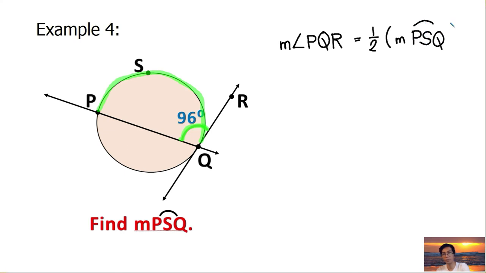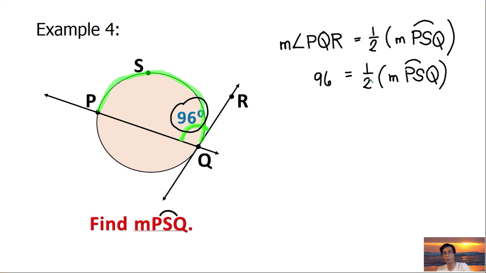So, dito, binigay na yung angle. 96 yung sukat ng angle. Ang nawawala, arc. So, dito ako magsasubstitute. Tama? So, ito magiging 96 is equal to 1/2 times the measure of arc PSQ. Di ba PSQ ang nawawala? May 1/2 ka. So, gaya nung dati natin ginagawa, para ma-clear si 1/2, times 2 ka sa magkabilang side.